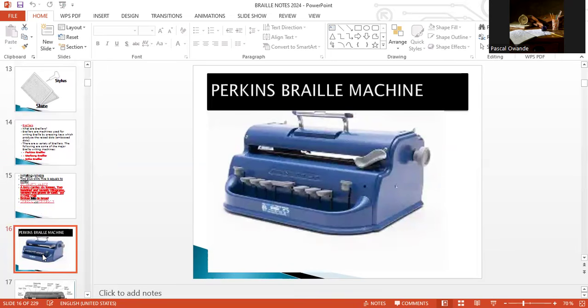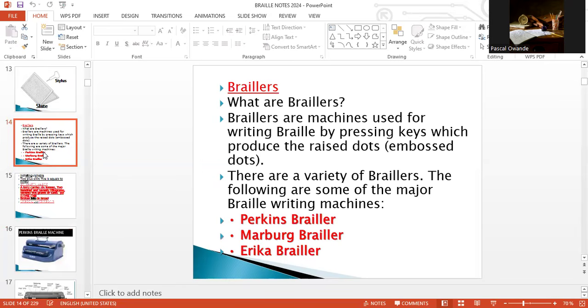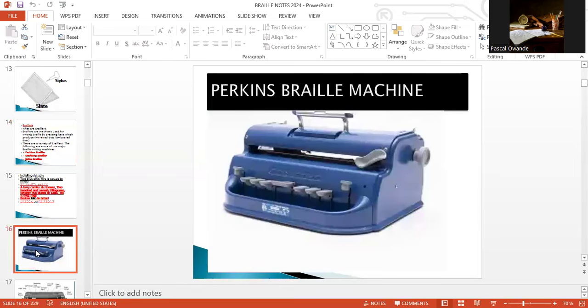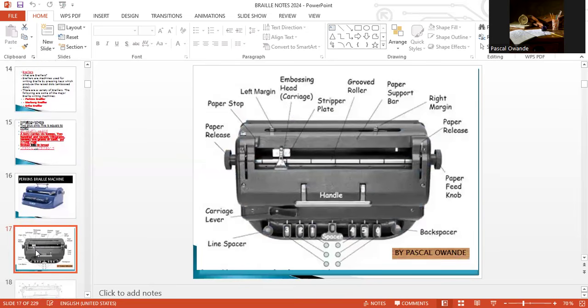The Perkins Braille machine, just as I've talked about the Braillers, is the number one type of Brailler, and this is how it looks like. Allow me to take you through the parts of the Perkins Braille machine and the function of those parts.